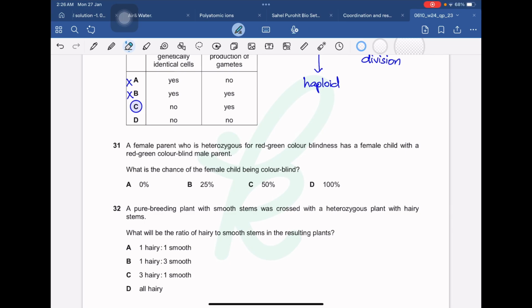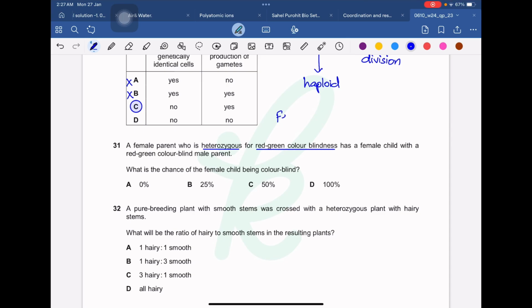Let us move on to question number 31. It says a female parent who is heterozygous for red-green color blindness has a female child with a red-green colorblind male parent. What is the chance of the female child being colorblind? So let us analyze this. First of all, the female is heterozygous and red-green color blindness is an X-linked recessive disorder.